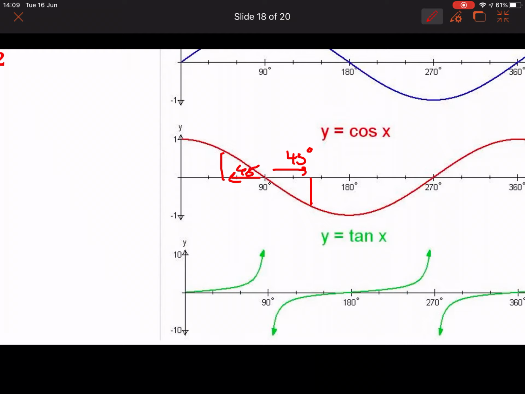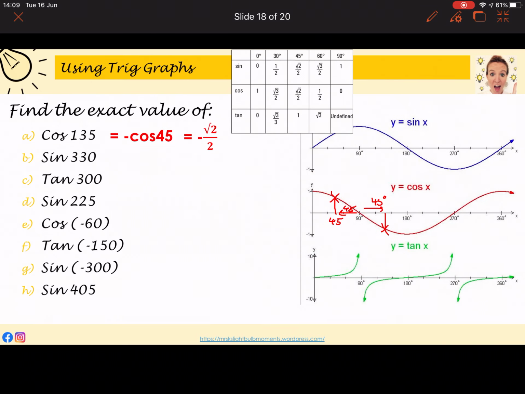And what do we get to? We actually get 45 because it's half, isn't it? So this value here was what we wanted. We've now worked out that is cos 45. Can you see they're the negative equivalents of each other? Which is why our answer was minus cos 45, because we want the negative version of it.